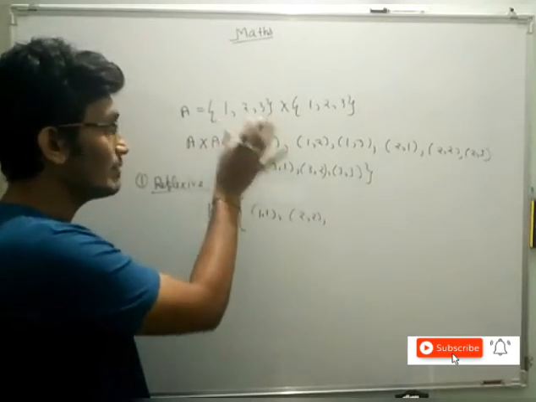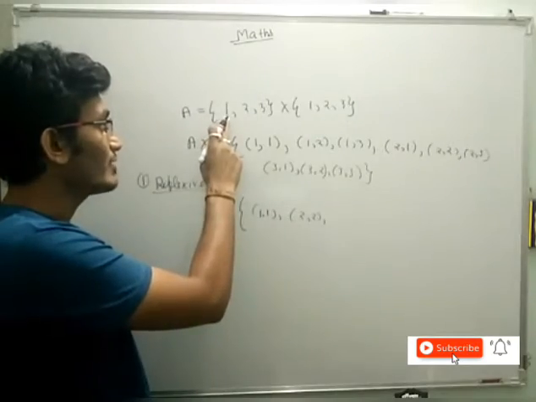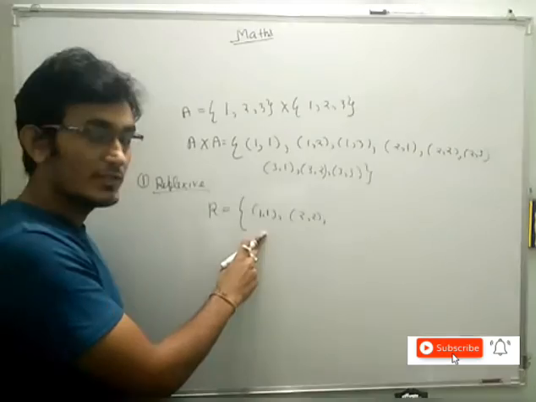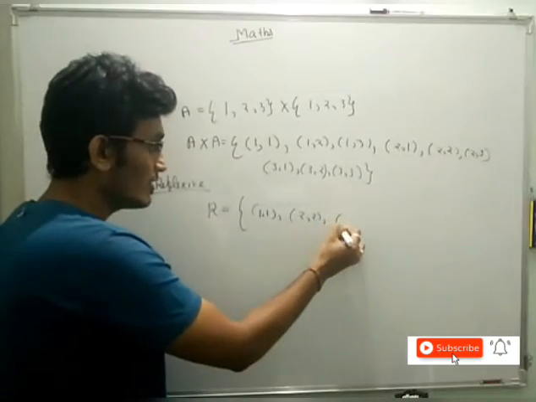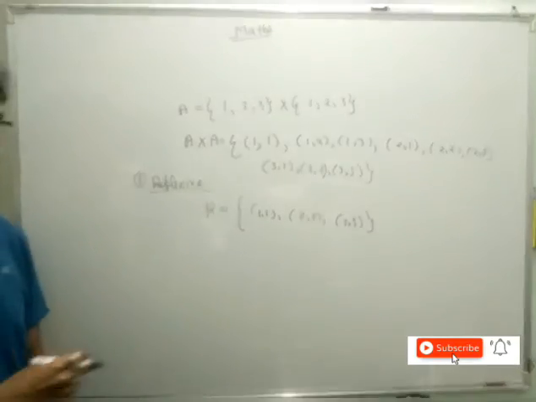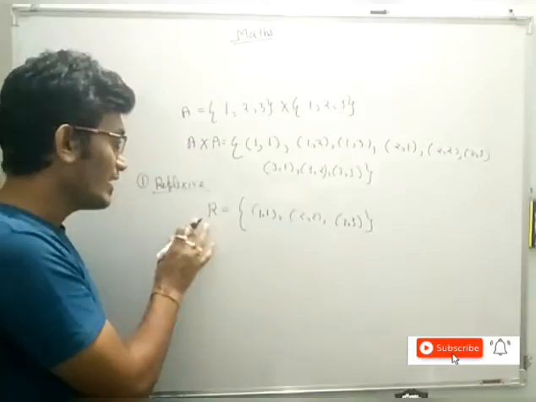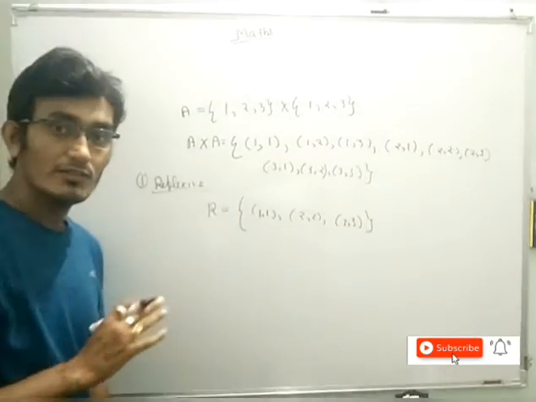When it is considered a reflexive relation, all the elements must appear in doublet form. Since here the elements are 1, 2, 3, what should be the doublets? (1, 1), (2, 2), (3, 3) are the 3 doublets. Yes, all the elements appear in doublet form, so we can say that it is a reflexive relation.